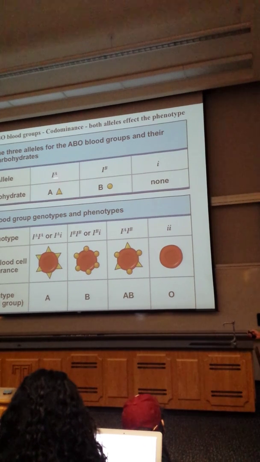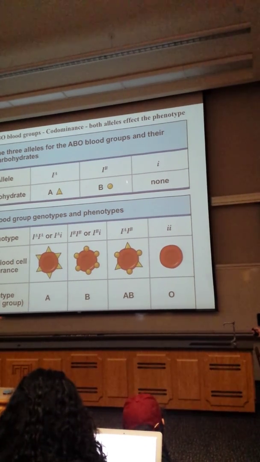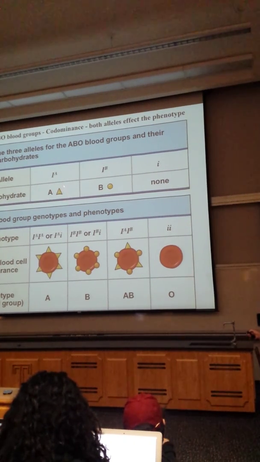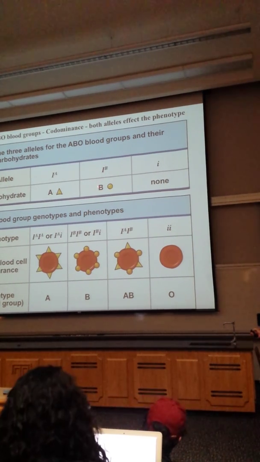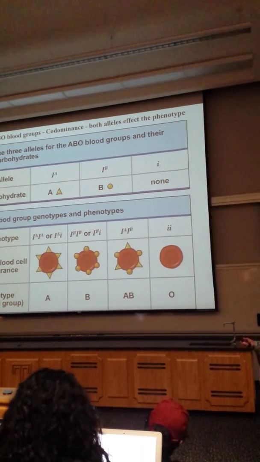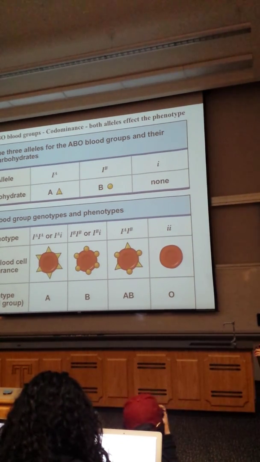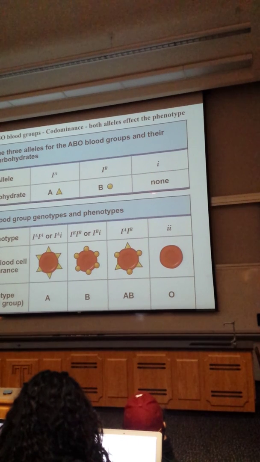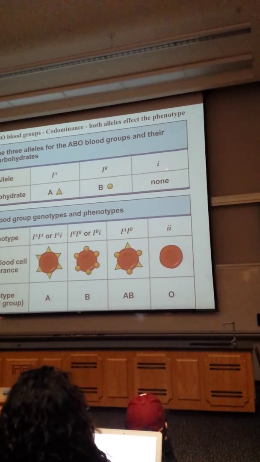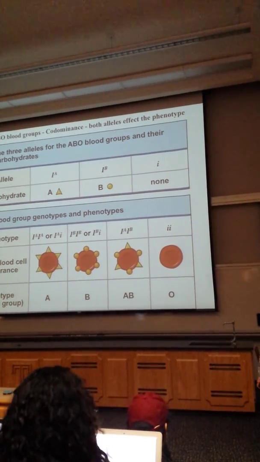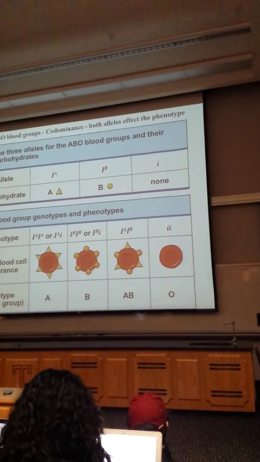So the A carbohydrate chain is different from the B, and that's because there is a form of enzyme that adds the A-type carbohydrate chain, and a different enzyme adds the B-type carbohydrate chain, which is, like I said, D-galactose. And the O blood group just means that these individuals have no functional enzyme.